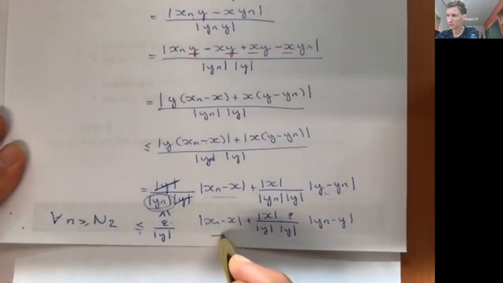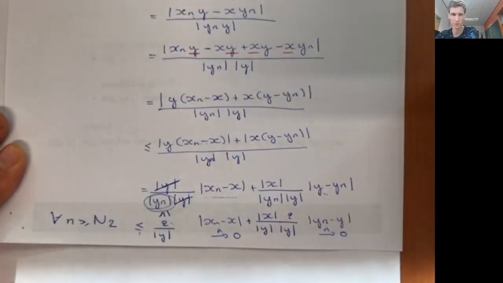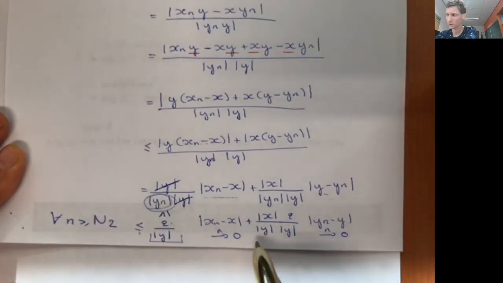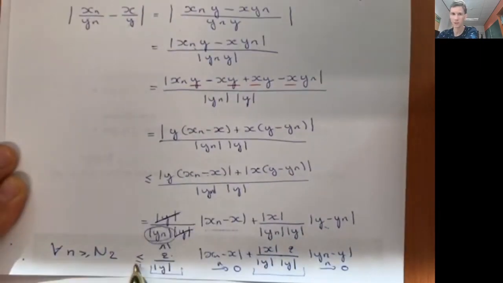So here we have a sequence that converges to 0. Here we have a sequence that converges to 0. This is a fixed coefficient. Okay, and this is also a fixed coefficient. So we can use a convergence lemma. Right, because this will be smaller or equal to this as long as small n is greater than some number n2.